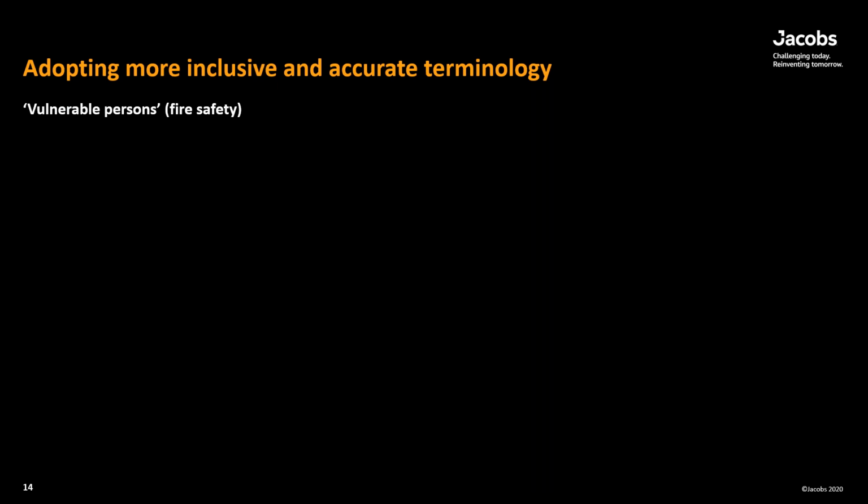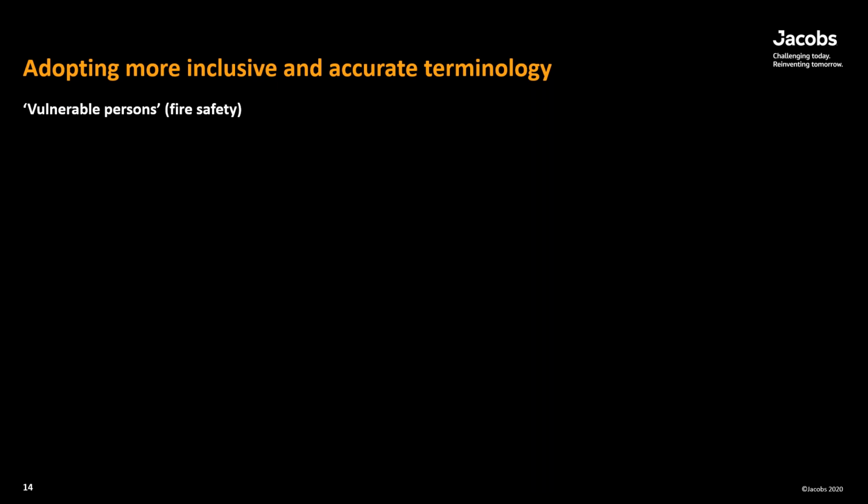Next, a slightly different subject, but still an important one, is adopting a more inclusive terminology. A lot of fire safety professionals will use the term vulnerable persons, or potentially the acronym PRMs, persons of reduced mobility, to describe people who may require the use of a lift in an emergency situation.